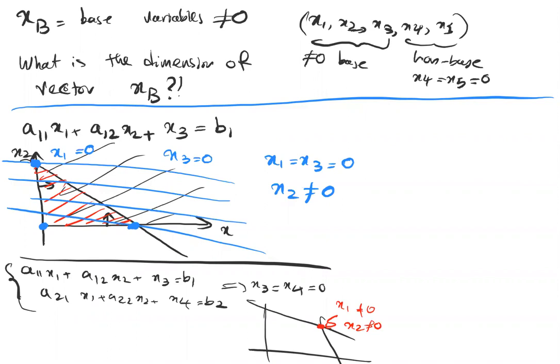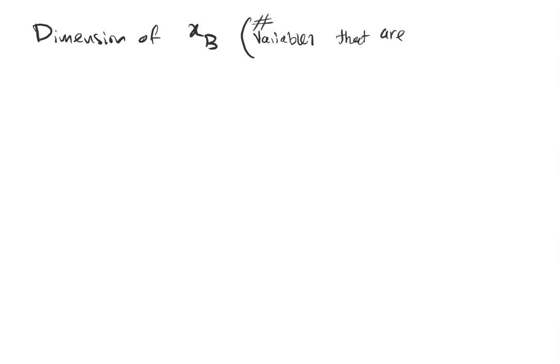So just a simple observation: the dimension of x sub b, or the number of variables that are non-zero, is equal to the dimension of vector b.